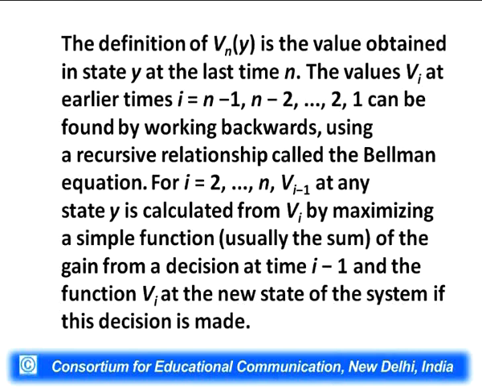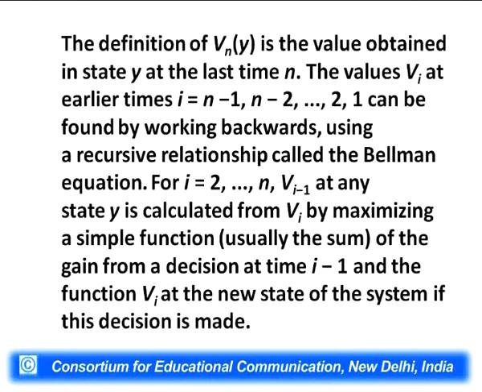And then these are found by working backwards. Since we are working backwards, we will be finding the values in backward condition using a recursive relationship called the Bellman equation.